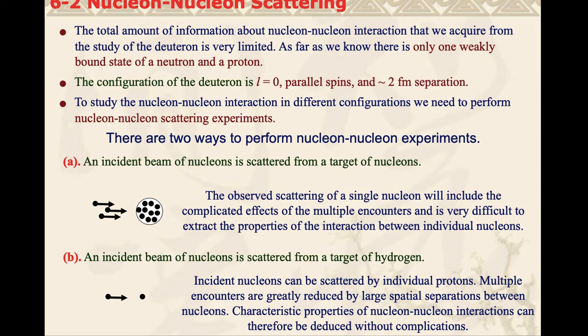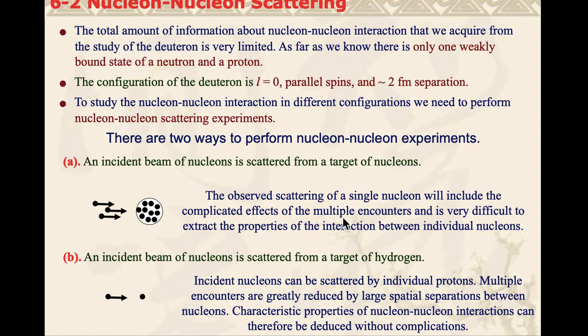And there are two ways to perform nucleon-nucleon experiments. The first one is here, an incident beam of nucleons is scattered from a target of nucleons. Here you have a number of nucleons and it is scattered.